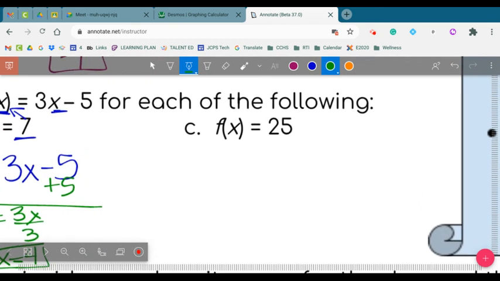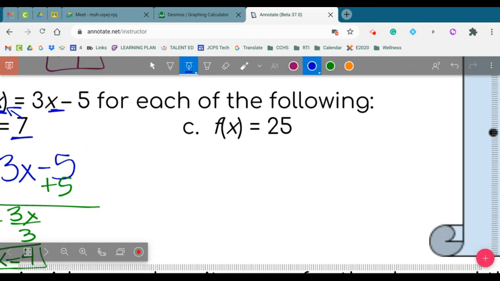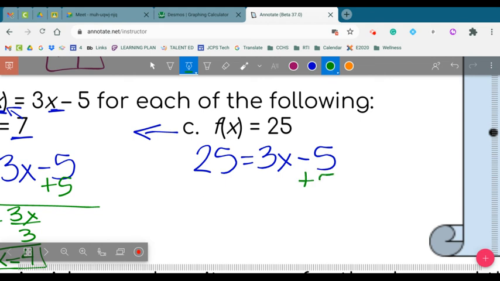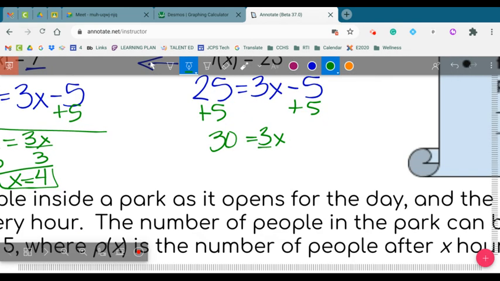Now this one, you have f of x equals 25. We're going to do the same thing as we did with b. So we're going to have 25 equals 3x minus 5. Add 5 to both sides. You get 30 equals 3x. Divide by 3. You get x equals 10. Remember this from our first unit of solving equations.